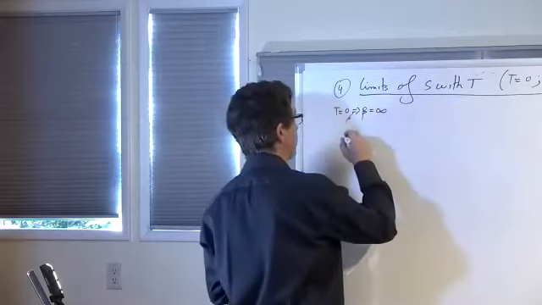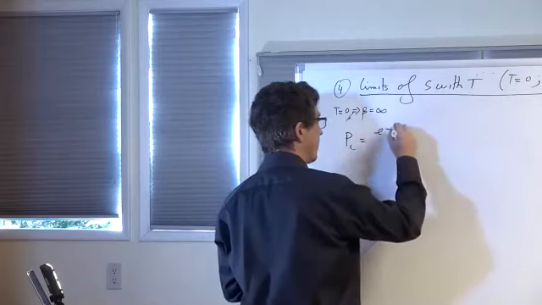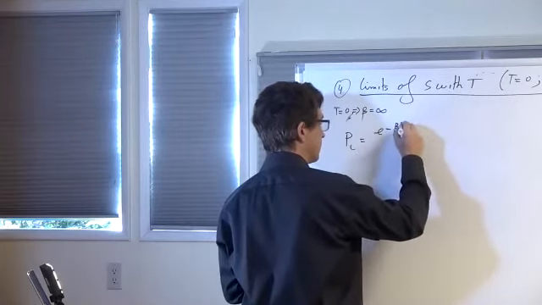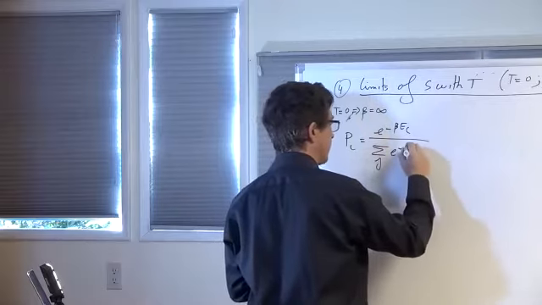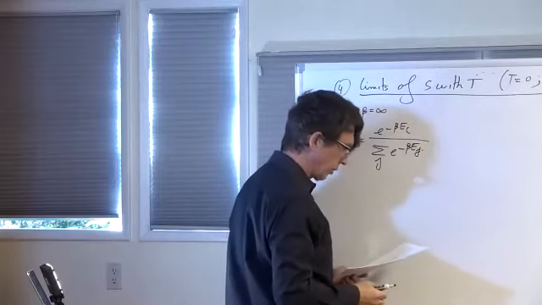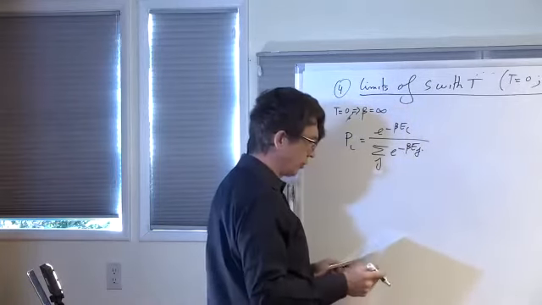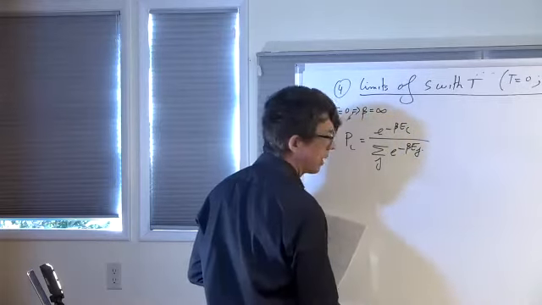So what happens to the probabilities? So P_i is e to the minus beta E_i divided by the sum over j of e to the minus beta E_j. So what I'm now going to do is order the energy states from low to high.